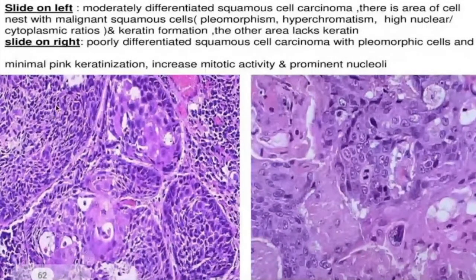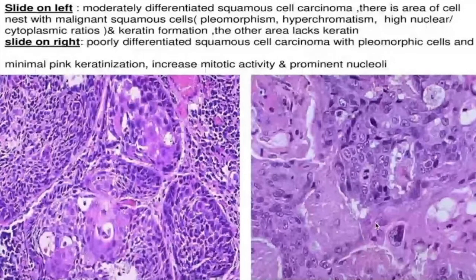There is an area of malignant squamous cells, and you can see the pleomorphism, the variability of cell and shape, and hyperchromatism, and high nuclear to cytoplasmic ratio. This is actually the very dense nucleus as compared to the cytoplasmic area in each cell. Okay. And there is keratin formation here, but it is still slight.